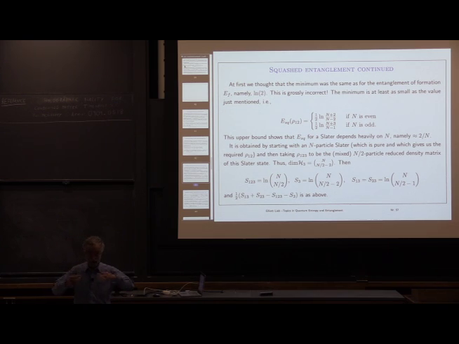That is, instead of thinking of the state as coming from a Slater state which has zero entropy, think of taking the n/2 particle reduced density matrix of the Slater state of n particles, which is a complicated beast, and think of that as your state for the n fermions. And if you do the computation, you compute all these numbers, you end up with this.